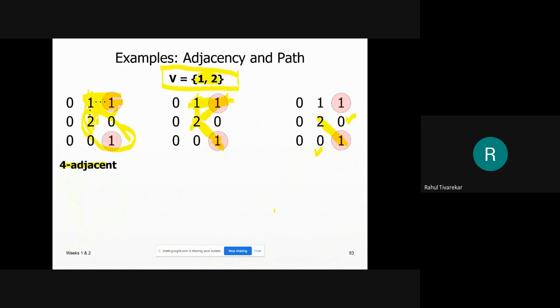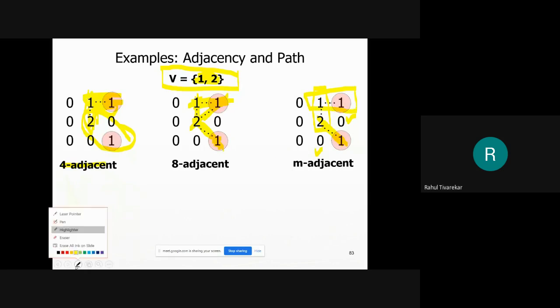So the intersection of N4P and N4Q is 0, which is not part of V, and hence we can say that this 2 and this 1 satisfy the M adjacency. This 2 satisfies the M adjacency because they are fourth neighbors of each other. This 2 also satisfies the M adjacency because they are fourth neighbors of each other.